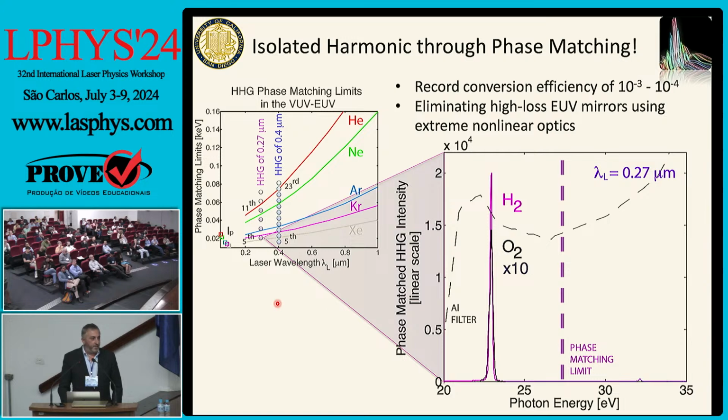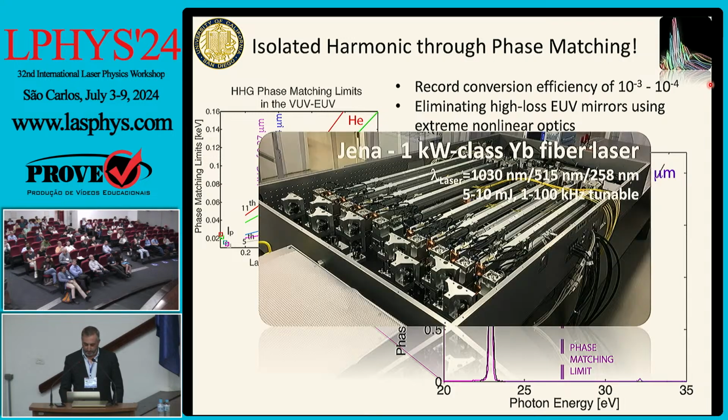So the first question is how we produce bright harmonics to do nonlinear optics over here. We do know that if we use ultraviolet lasers, we can produce isolated harmonics, which have record high conversion efficiency of 10^-4 or so. And the next question is, can we have the tunability to have resonance experiments?